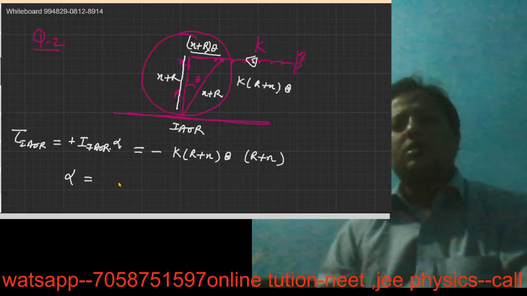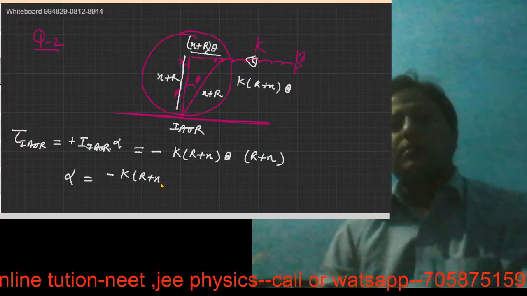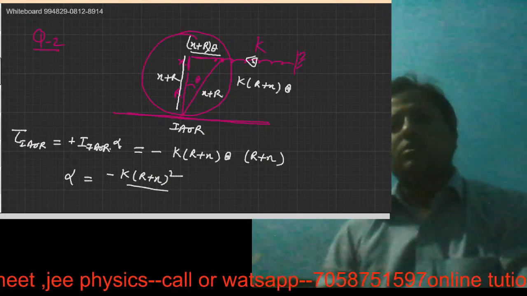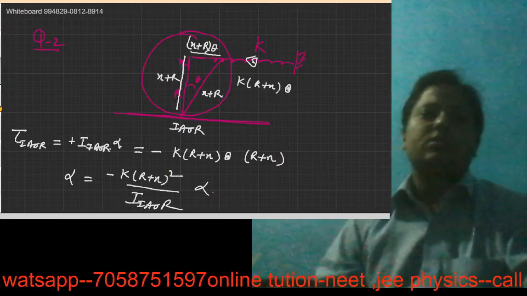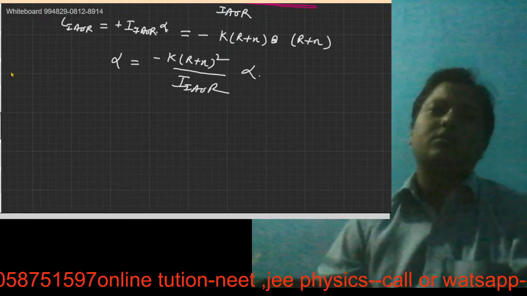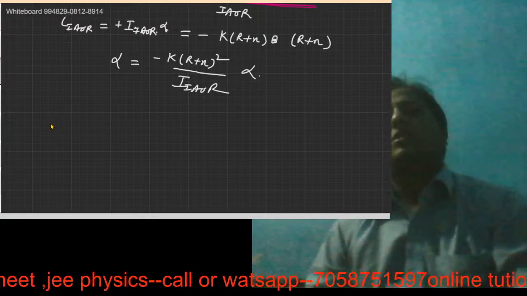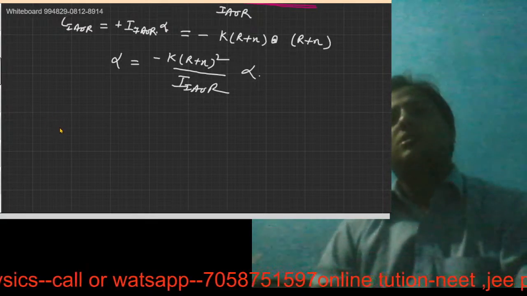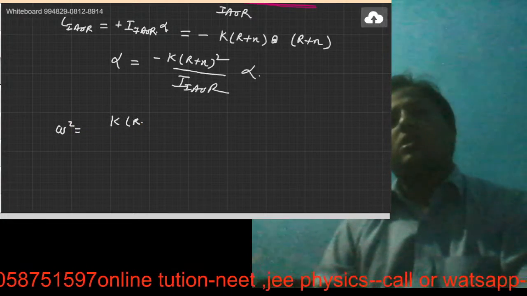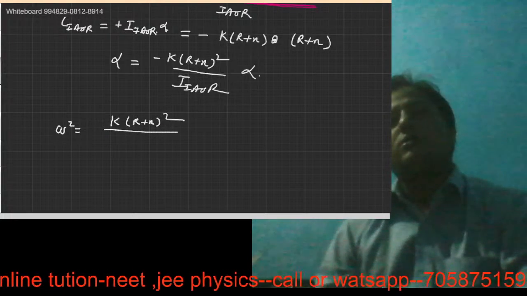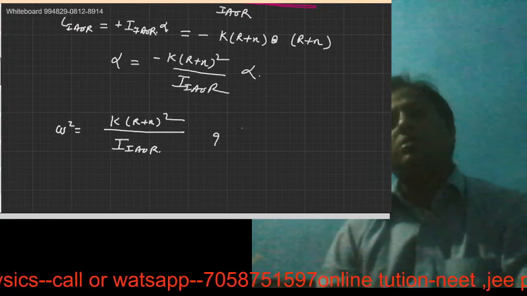So alpha is minus k into r plus x whole square over IAOR, into theta. So comparing with the standard condition for angular SHM, omega square comes out to be k into r plus x whole square divided by I of the instantaneous axis of rotation.